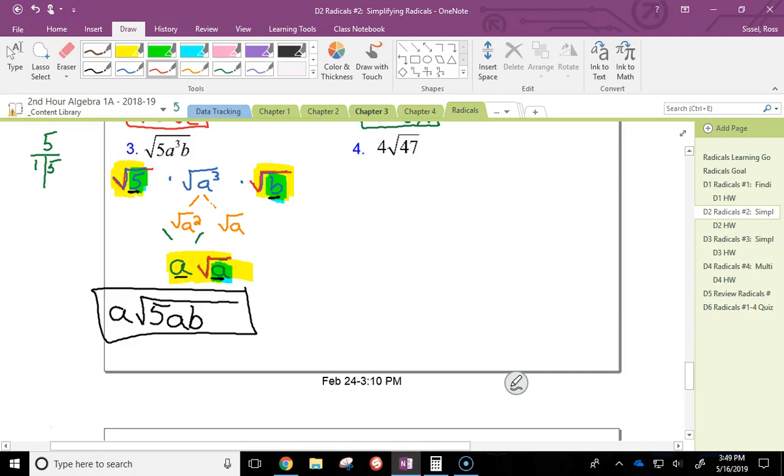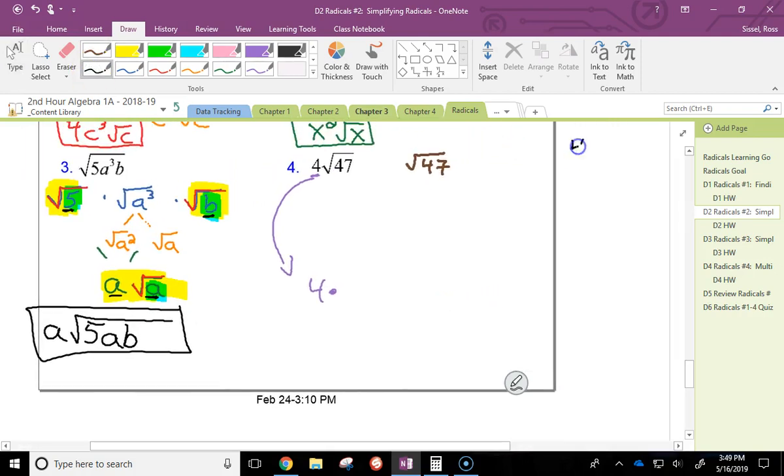Last one. 4 times the square root of 47. Well, 4 is on the outside, so I'm going to bring that down here for my final answer. 4 times. And when I do the square root of 47, I need to identify my factors of 47. Well, if you haven't figured it out yet, 47 is a prime number.